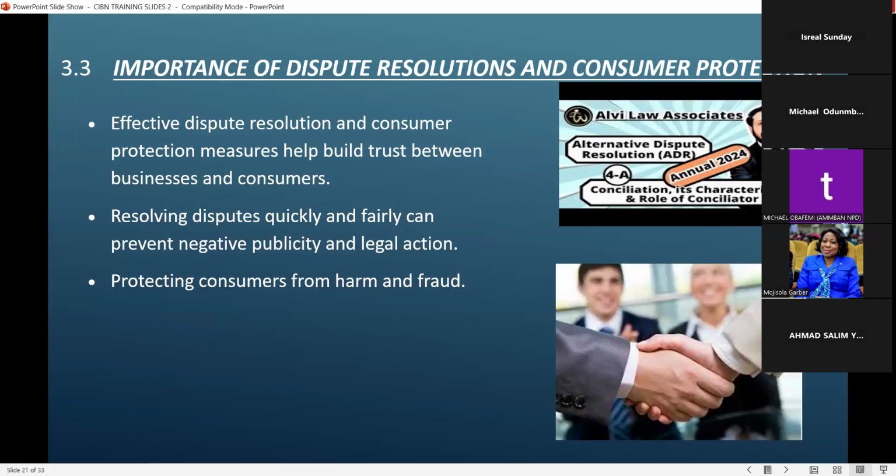Protecting consumers from harm and fraud. There was a day I bought fuel in a filling station and they sold water to me. And the water spoiled some part of my car. I went back complaining bitterly. But those people, in their service recovery, first apologized. They didn't even deny it. They said yes, it was possible, because I showed them the payment for that date, and that it was their reserve that they sent. I think there was a leakage in part of their reserve.